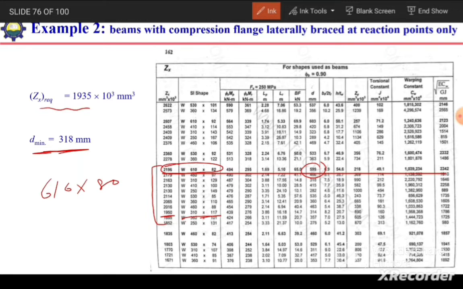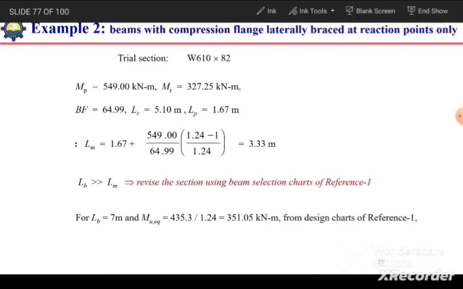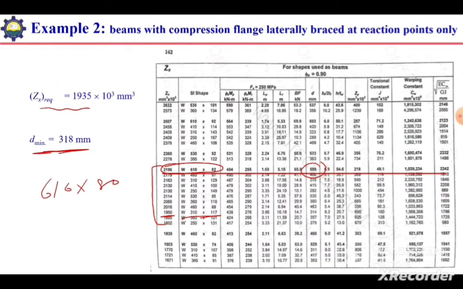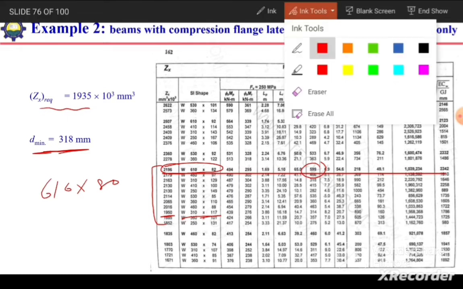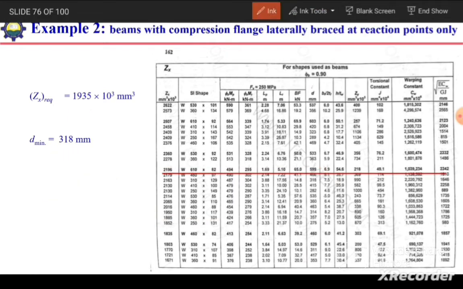So after selecting the section from this table, we can write that our trial section is 610 into 82, and we can select these properties of the section from this table. For example, the MP for this section is 494 and MR is 295, LP is 1.69, LR is 5.10 and BF is 65.0.